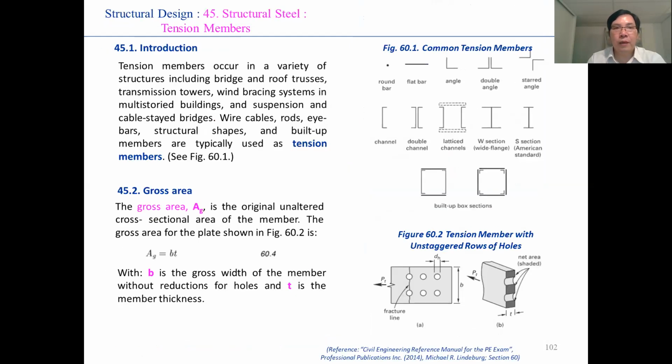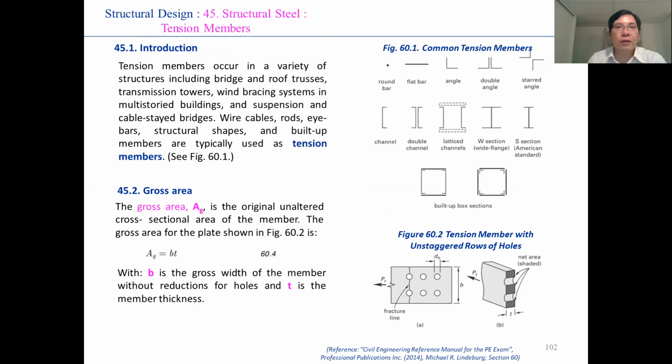Now in this slide, I give a reminder of the theory about the tension members of structural steel.